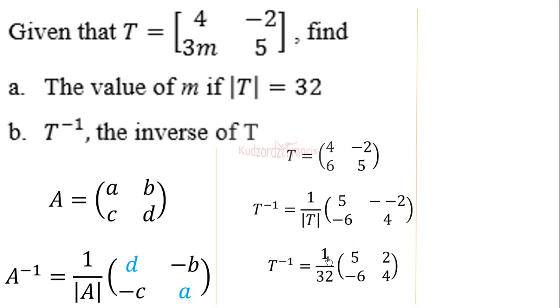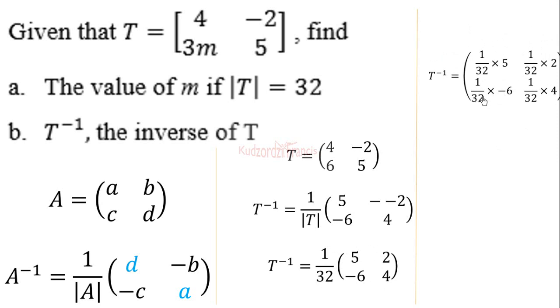So we need to substitute the determinant, which is 32. Now we use the scalar 1 over 32 to multiply each of the entries over here, and that will give us this. So we can now simplify. 5 times 1 gives us 5.